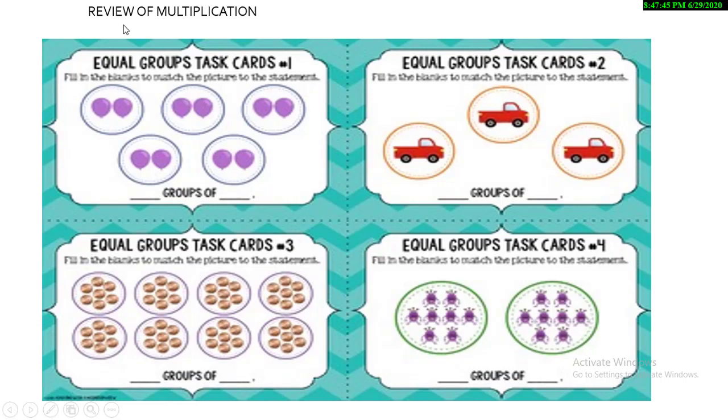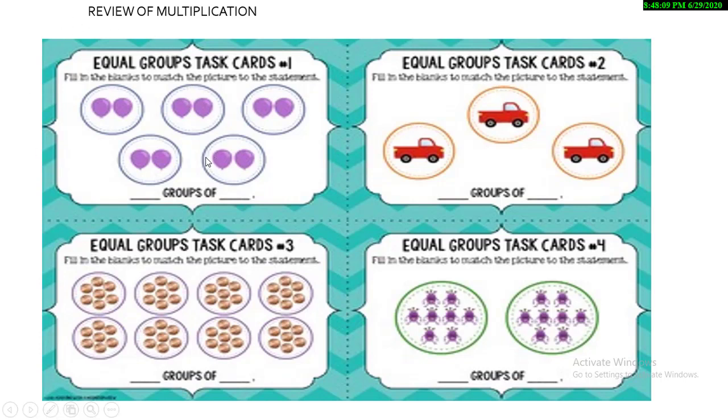Review means I explained to you how to multiply the groups and how to write the numbers in this kind of example: dash groups of dash. In these examples, they are not asking you for the answer, they are just checking whether you can identify the groups and the number of items in each group. So let's solve in a quick way.